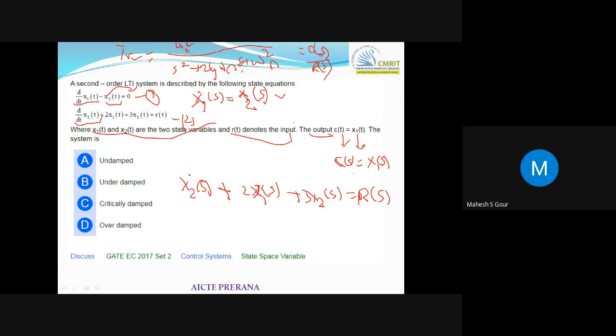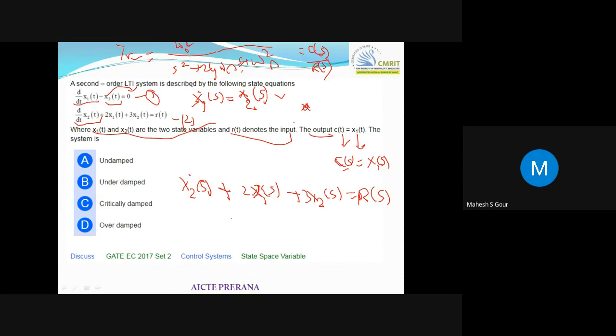What I want for my final answer is C of s divided by R of s. So now, if you see here, the initial condition is not given. So for the time being, I'll assume the initial condition as 0.